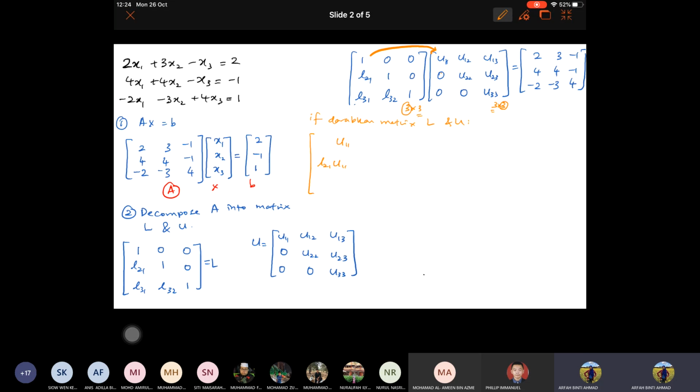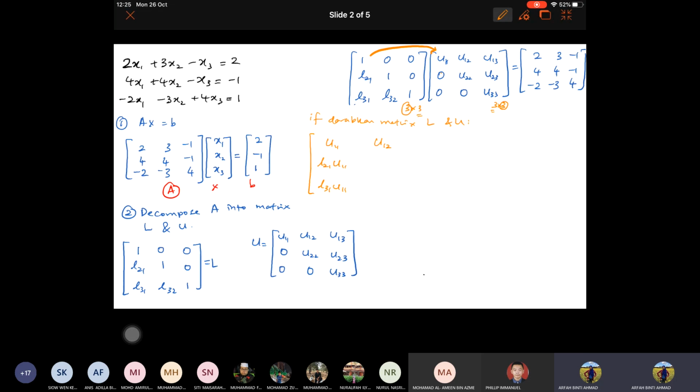Okay. Yang ini ada dalam slide cuma saya nak tunjukkan kat awak how we are going to do the comparison. So ya, elemen yang ketiga, you take L31 darab U11 tambah L32 darab 0 tambah 1 darab 0. That's why you are going to have here L31 U11. Okay. Sebagai the second element, the first row of hasil darab matrix L and matrix U. So second row, 1 darab U12 tambah 0 darab U22 tambah 0 darab 0. So dekat sini akan ada U12 sahaja.